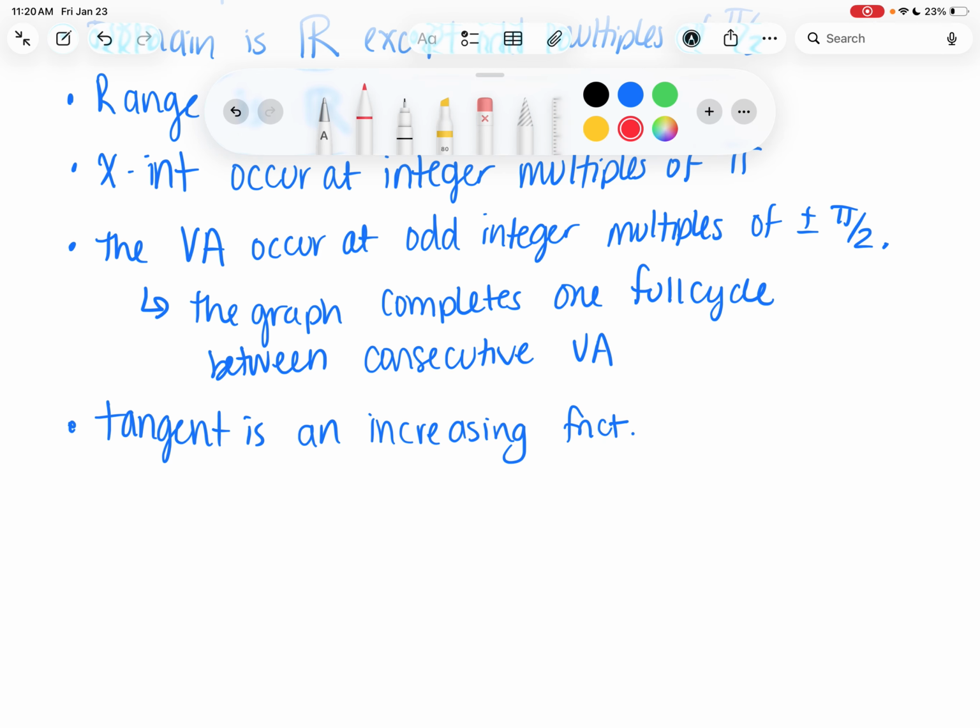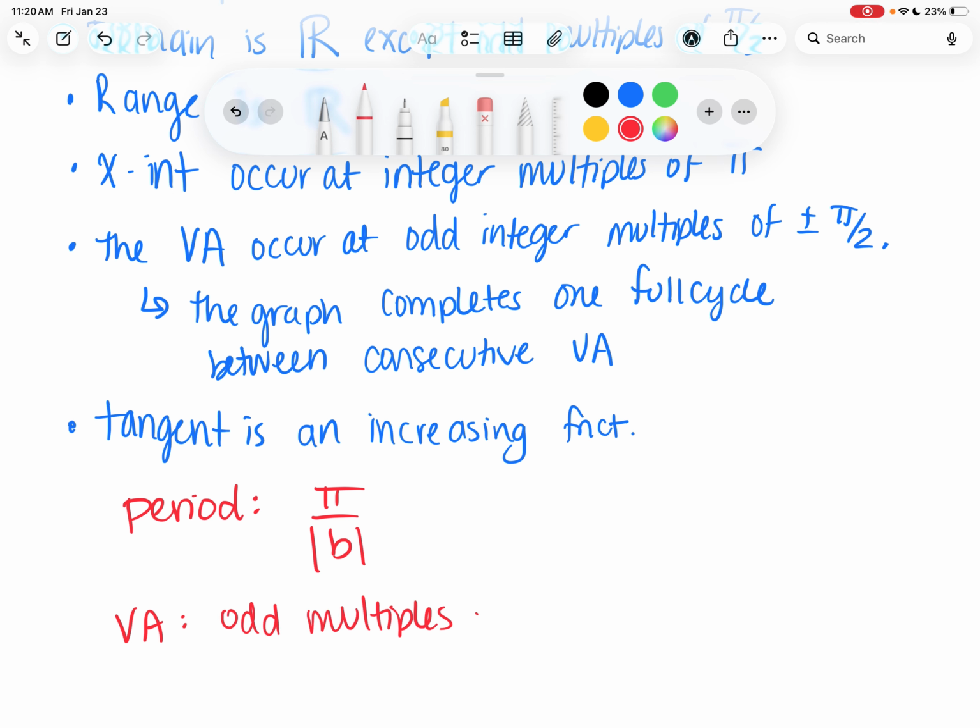All right. The period for tangent as far as finding it is pi over b, technically absolute value of b. And then the vertical asymptotes are odd multiples of pi over 2 times the absolute value of b. Everything we wrote up top is technically for the parent function, not the shifted function.